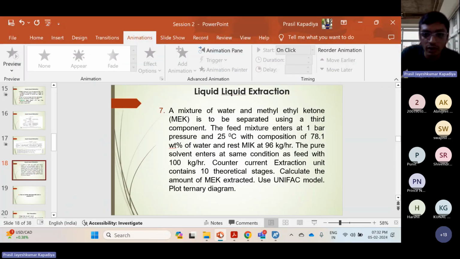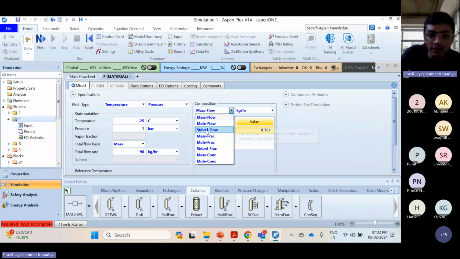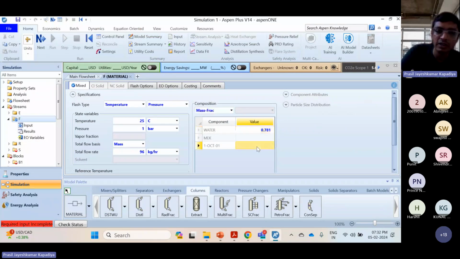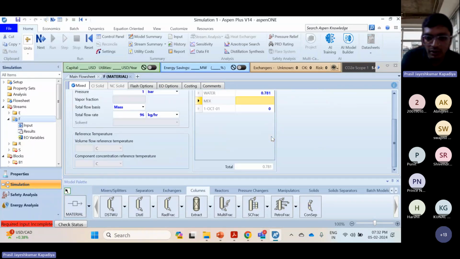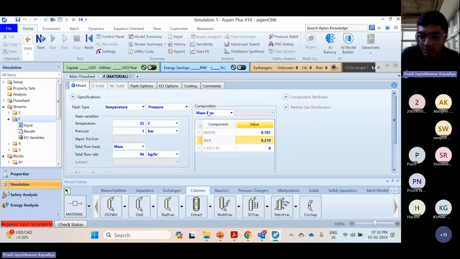Mass fraction of 0.781 water. In our feed stream, octanol is 0, right? So I'm just writing 0 here. So it will be 1 minus 0.781. How much will it be? Approximately 0.22. Correct? And it is in mass fraction.